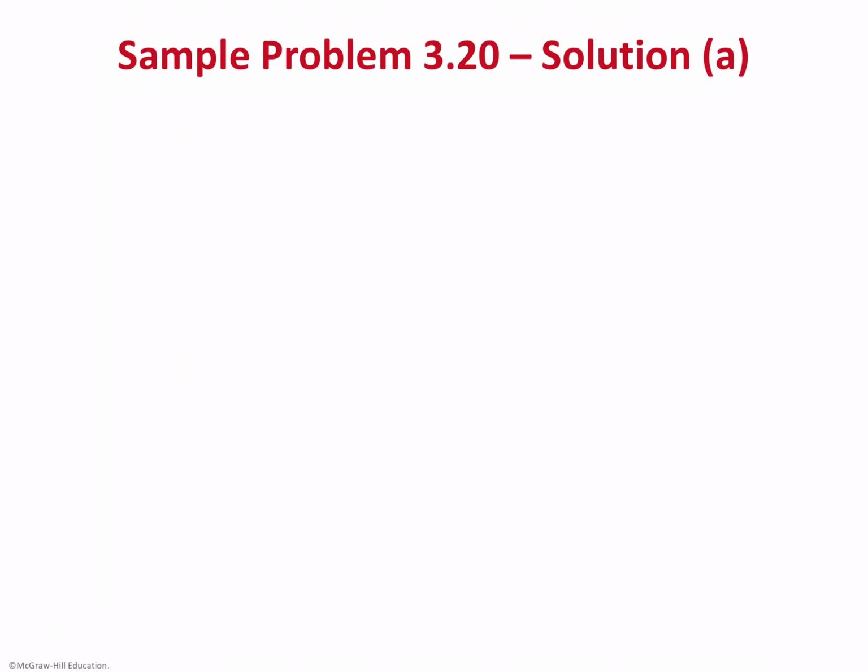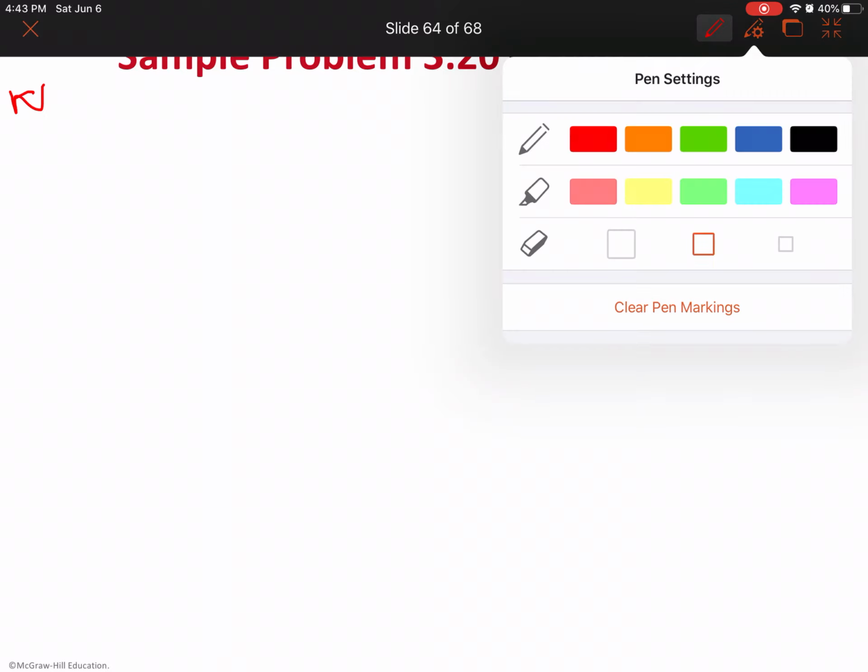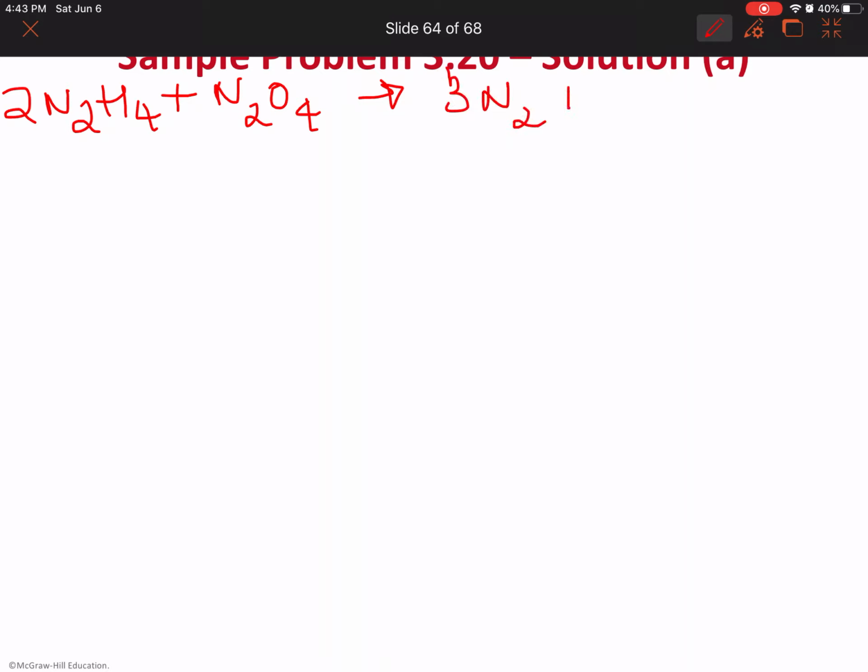Okay, so we can start with N2H4. I'm going to write down the equation again here. We have 2 N2H4 plus N2O4 giving you 3 nitrogen plus 4 water.